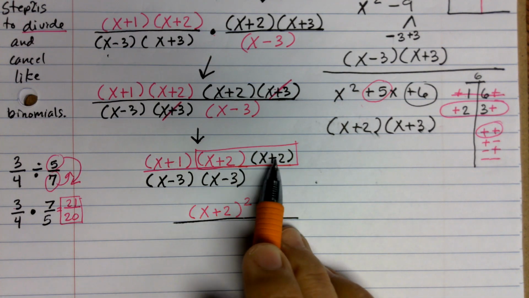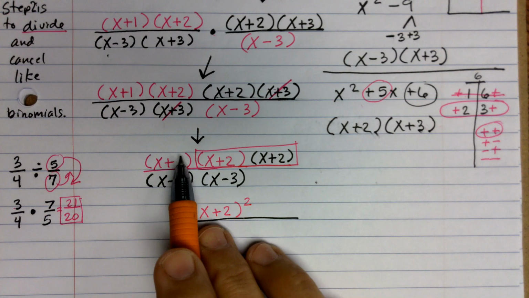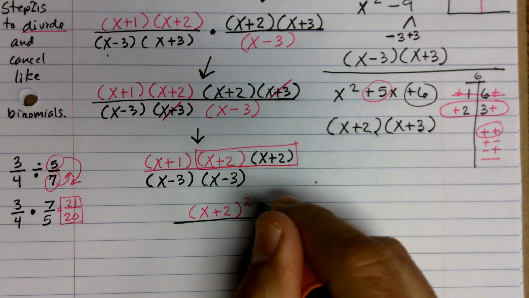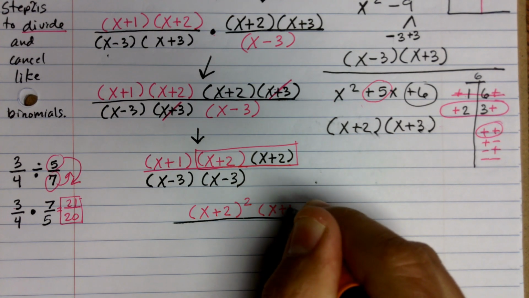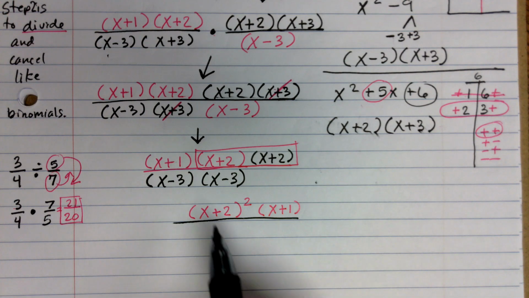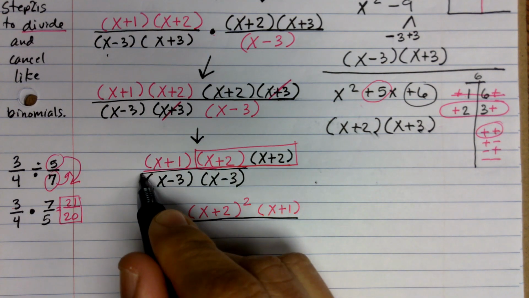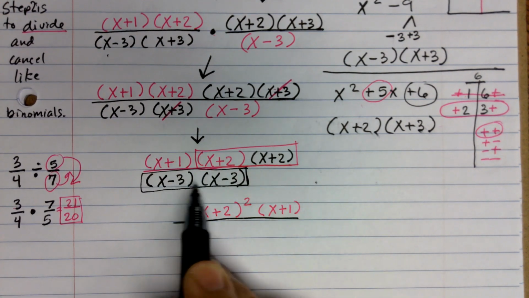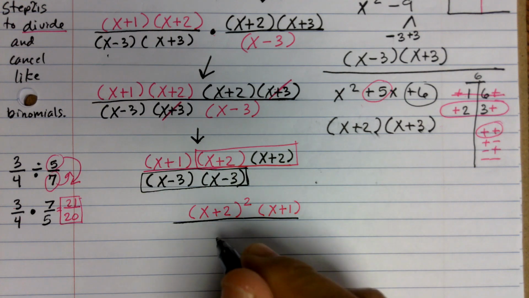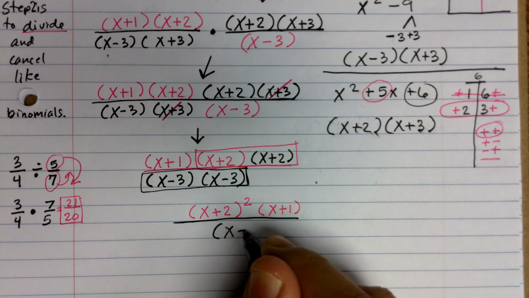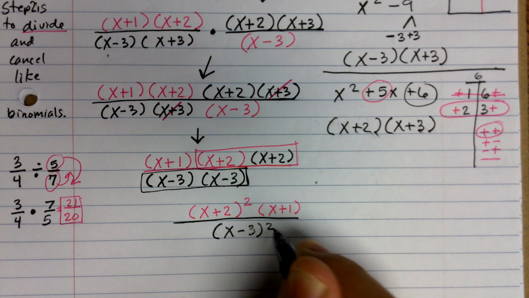Because that's what that means. There's two of these being multiplied. And then the x plus 1, we only have one term like that. So then I'll just write x plus 1. And on the bottom, I'm going to box these, because notice we have the same binomials being multiplied. And I'm going to write that as x minus 3 squared.